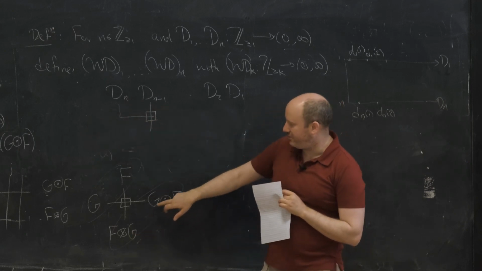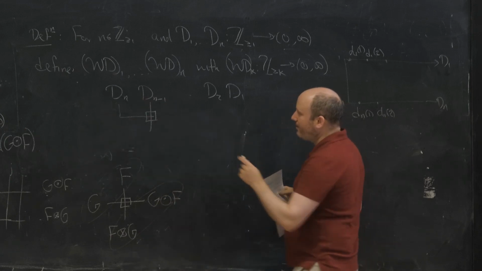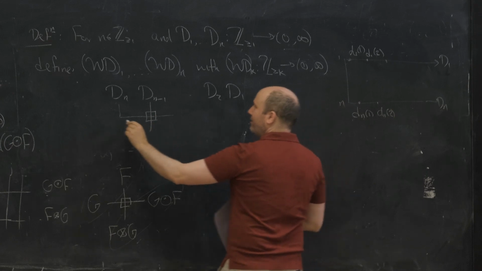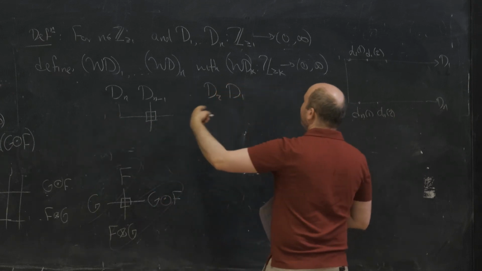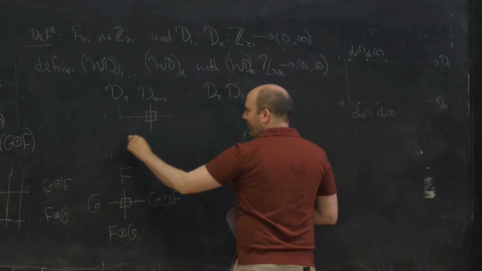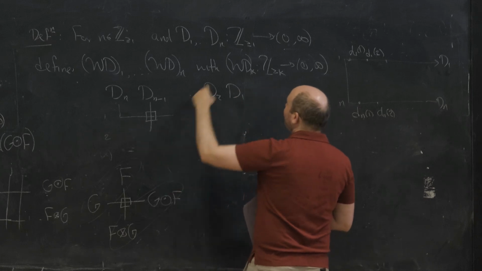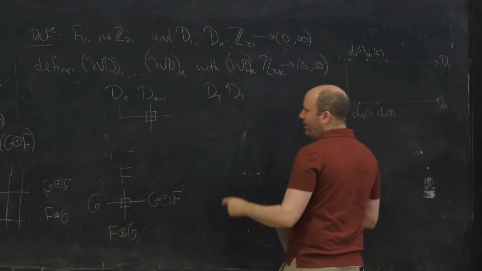So now I get these two different transformations of dn and dn minus 1. What comes out horizontally still has the first coordinate, a function from z bigger than or equal to 1. But the thing that comes out below is now a function from z bigger than or equal to 2. I've lost a coordinate below.